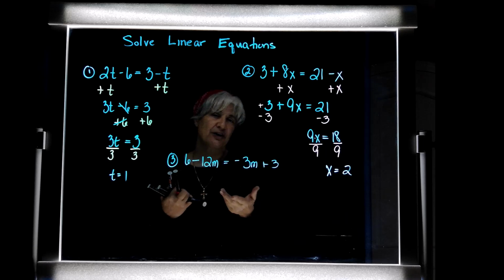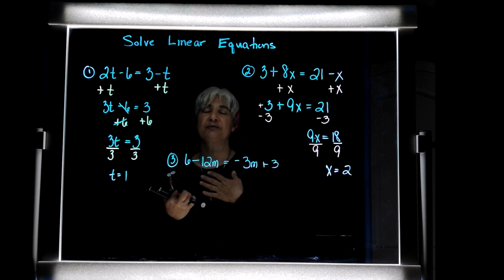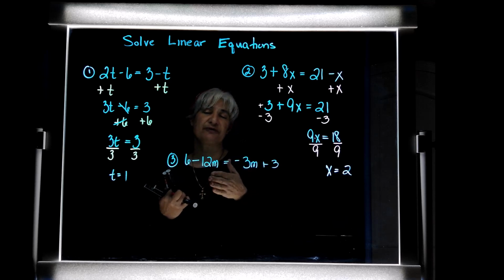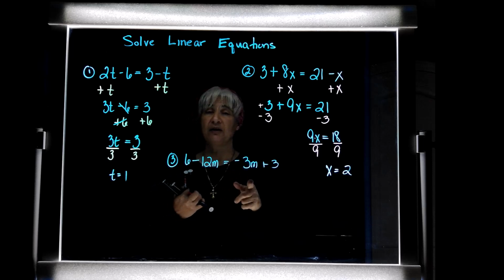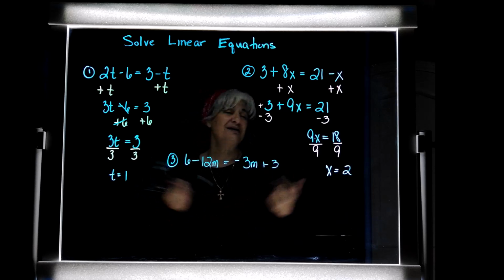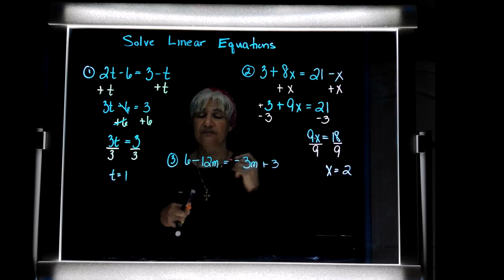I like to keep the number in front of the variable positive. So me personally, I'm going to choose to add the 12m to both sides because it'll keep it a positive m versus a negative. It doesn't make a difference. You've got to go with what works for you.